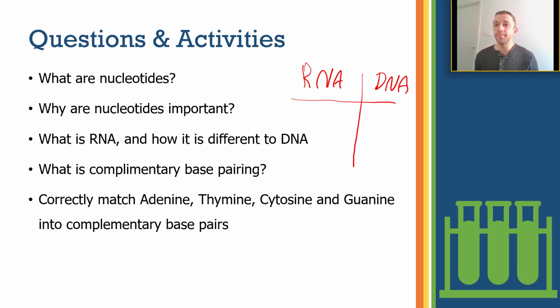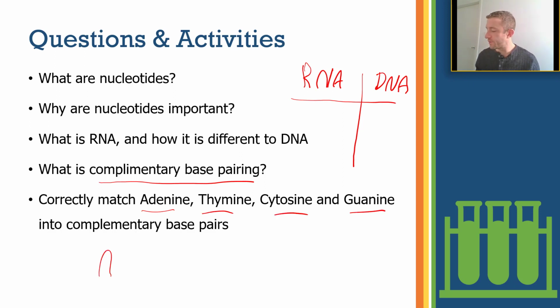Complementary base pairing: why do these bases, A, T, C, and G, bond together in a specific manner? They only like to join with each other in certain combinations, and that's called complementary base pairing. And on that, being able to correctly match those bases, our adenine, thymine, cytosine, and guanine, that's our DNA.